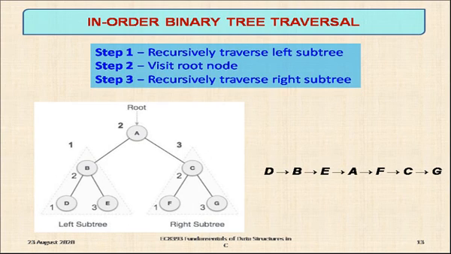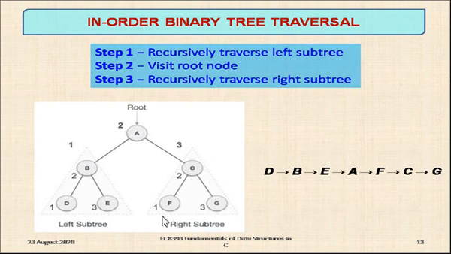So what's the first step? Traverse left subtree. You see here, this is a subtree. First you traverse the left subtree. What is the element available? D. You write that. Then what's the next step? Visit the root. So root for this one is B. Then traverse right subtree, E. This is over. Then the entire left subtree has been traversed. Suppose if you have more and more nodes, it may take several stages. Then visit the root node, that is A. You write that one.